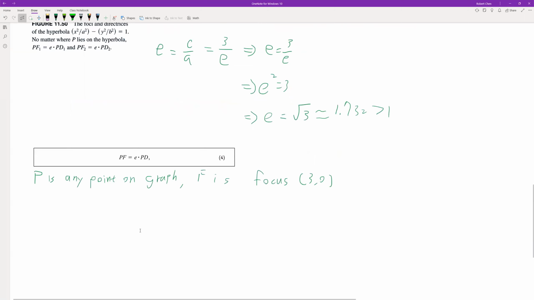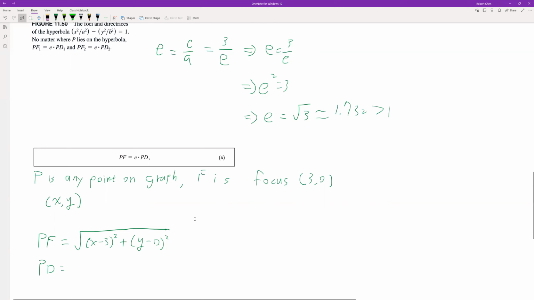So let's say P is any point on the graph with coordinate x, y, and focus is 3, 0. Then the distance between P and F is the square root of x minus 3 quantity square plus y minus 0 quantity square, right? The distance formula from our regular algebra, right? Finding any distance between 2 points on the line. Okay, so that's PF. And what about PD?